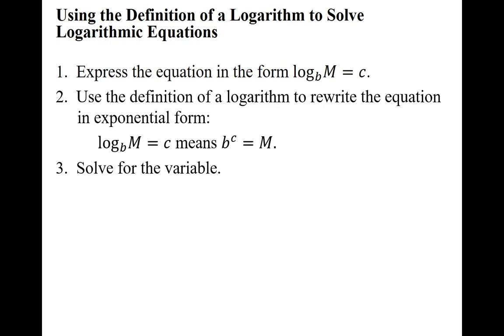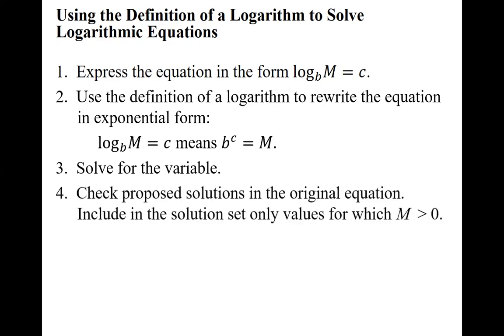The base and the log will cancel each other out. Solve for the variable. We do need to check our answers here because remember, we have a restriction on what can go inside the log function. The log function only takes positive numbers, no 0, no negative.